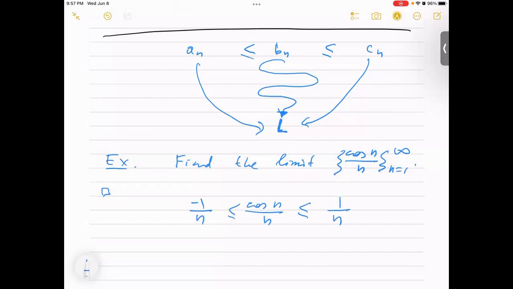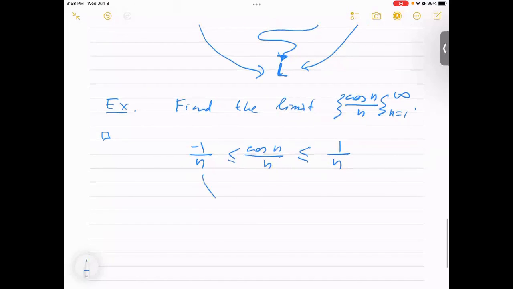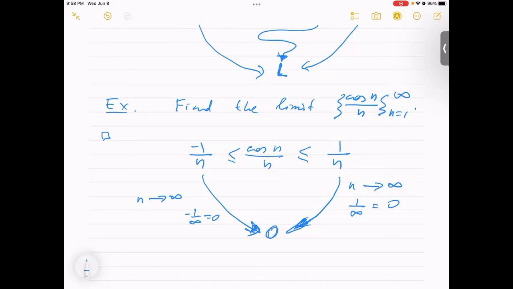When n is approaching infinity, -1 over n becomes -1 over infinity, so it becomes 0. When n is approaching infinity, 1 over n becomes 1 over infinity, so it also becomes 0. So the limit from the left and the limit from the right are both approaching 0. So the sequence in the middle has nowhere to go but to 0 as well.